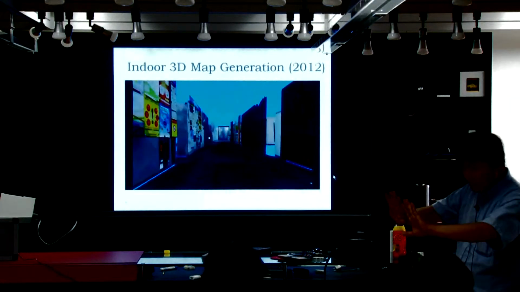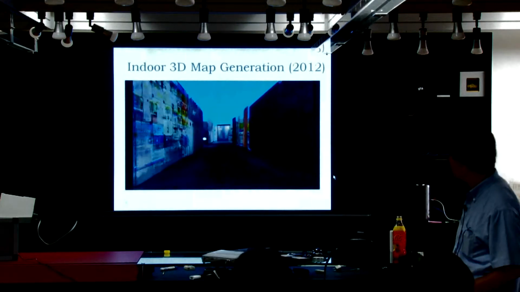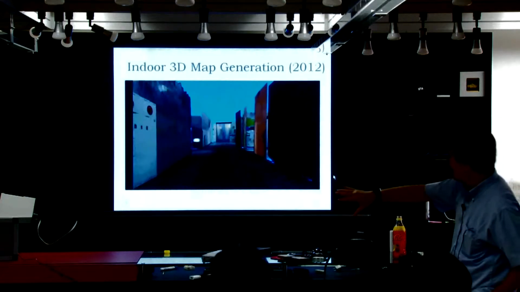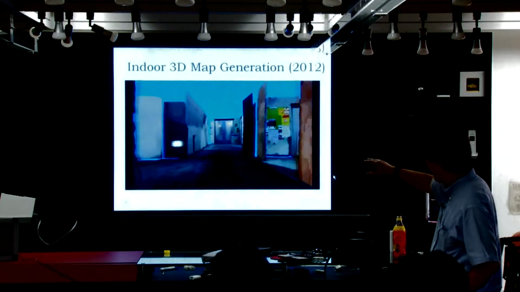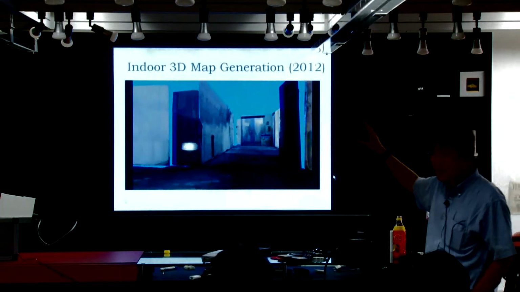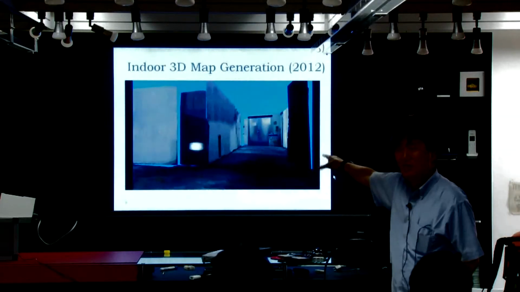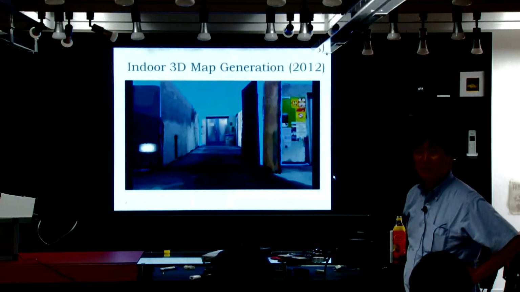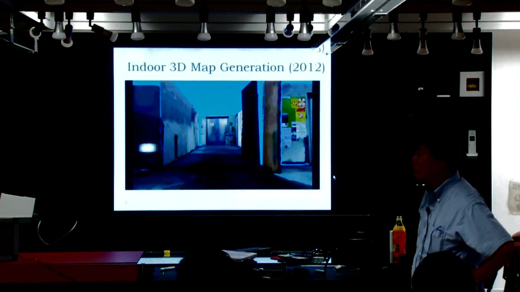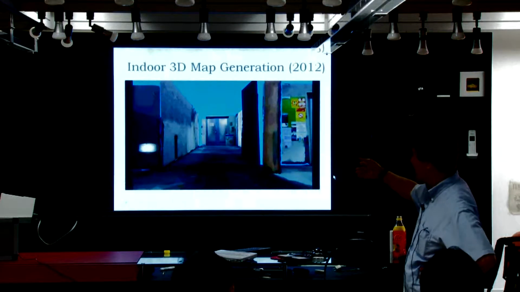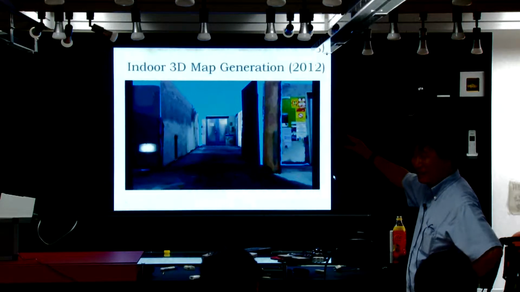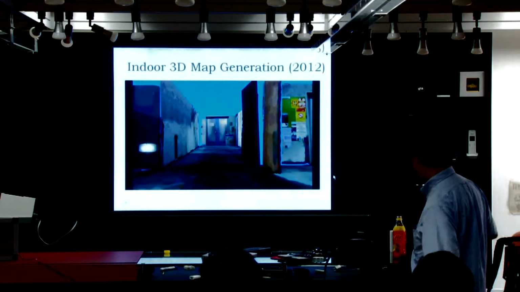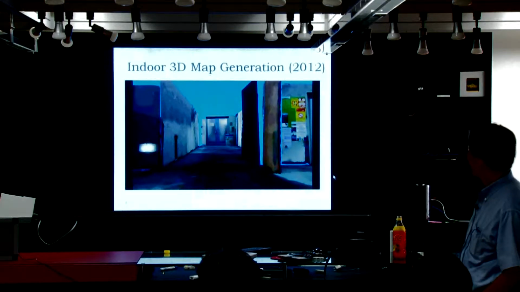So then we create a planar space. It's still noisy, because it depends on the accuracy of the sensor. Now we have a more accurate three-dimensional sensor, so we can create a cleaner 3D map.